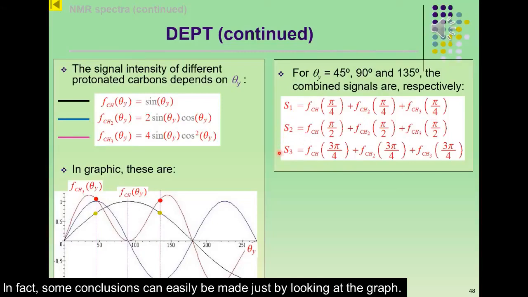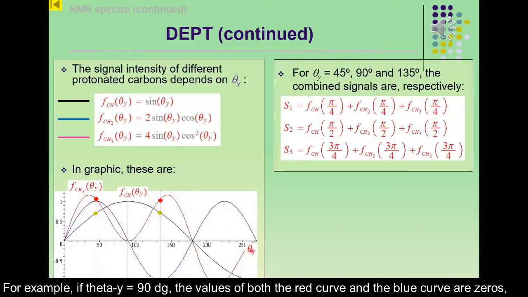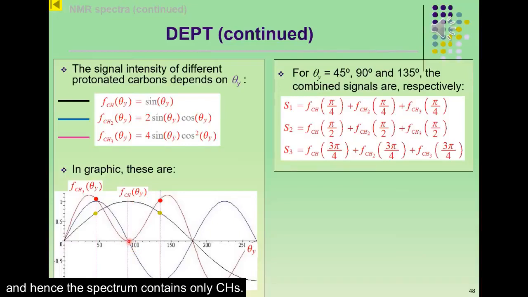In fact, some conclusions can easily be made just by looking at the graph. For example, at theta Y equals 90 degrees, the values of both the red curve and the blue curve are zeros, and hence the spectrum contains only CHs.